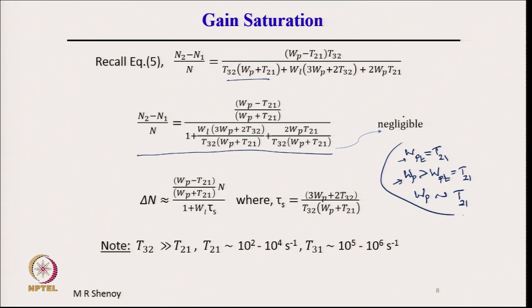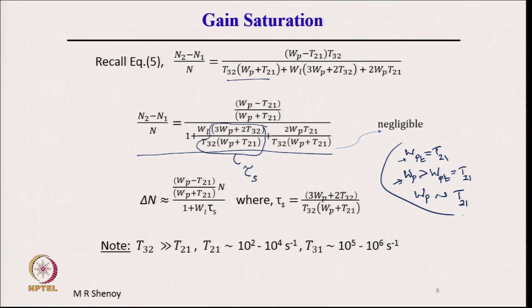So we neglect this term, and we can write delta n as what you have in the numerator over 1 plus WL into all of this, which we call tau s.